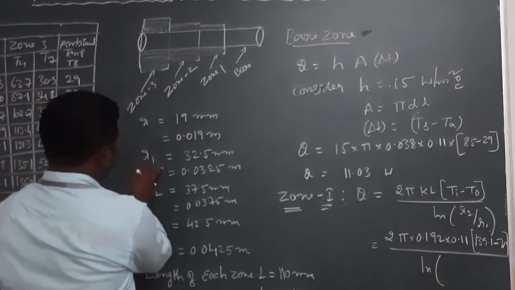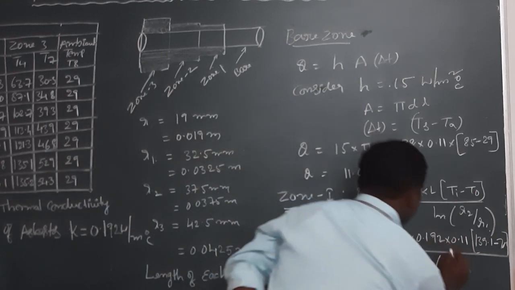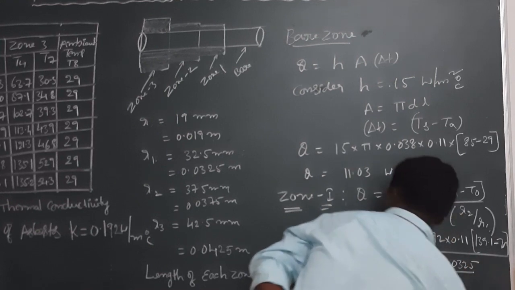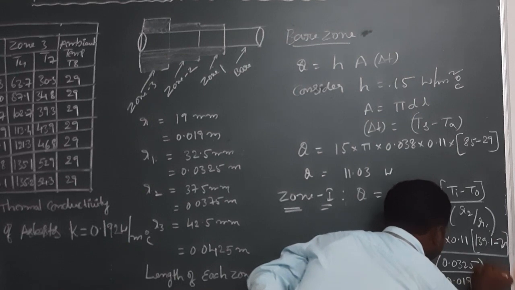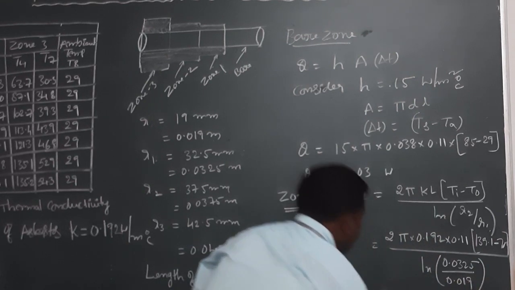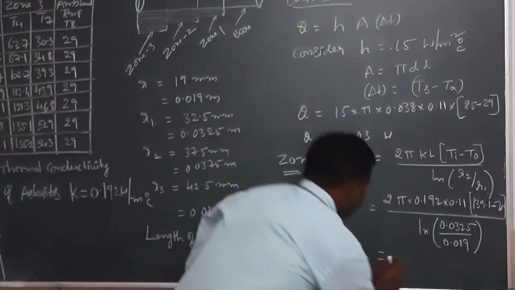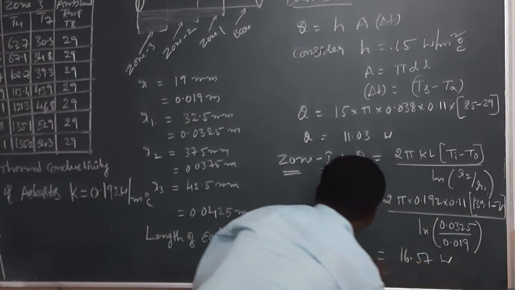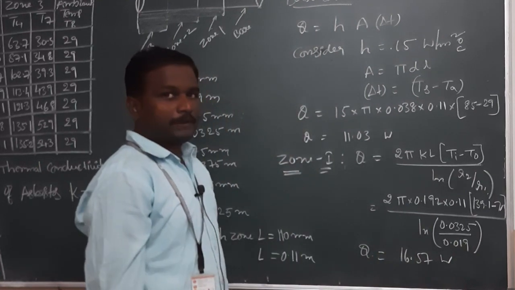Substitute the radii here: 0.0325 divided by 0.019. Calculate this value by using the calculator. 16.57 watts is the rate of heat flow through zone 1.